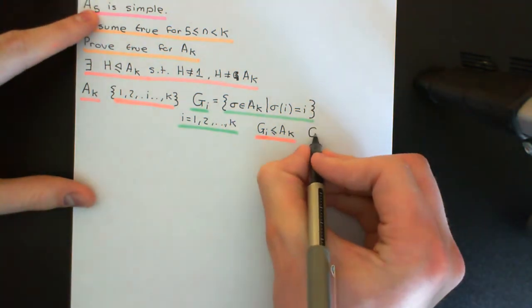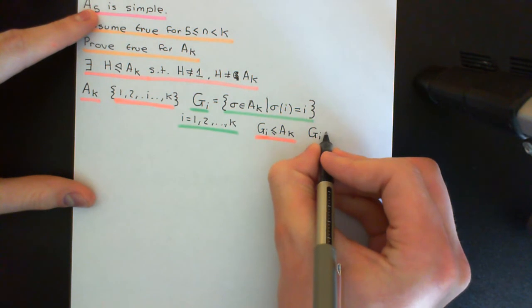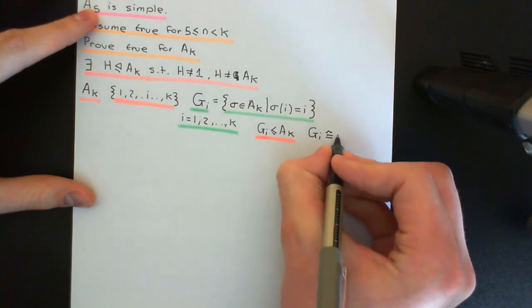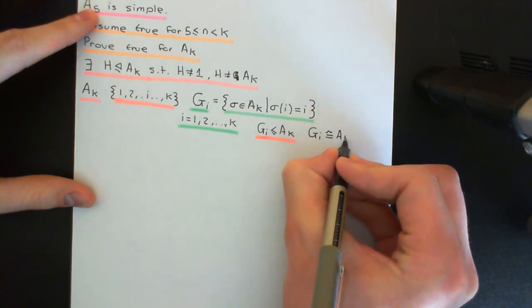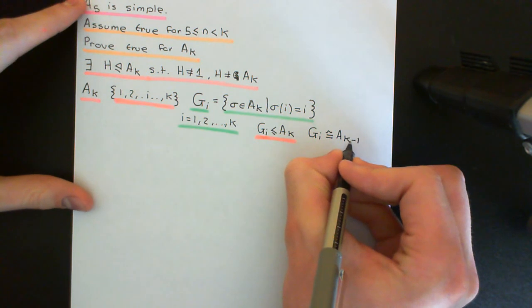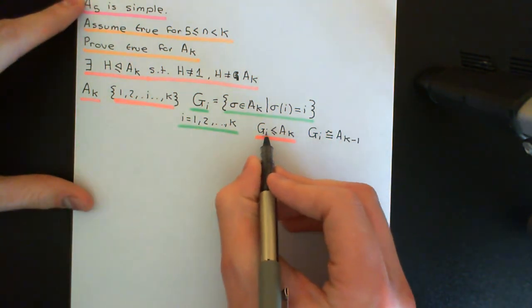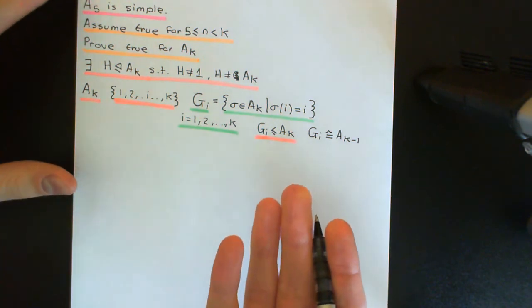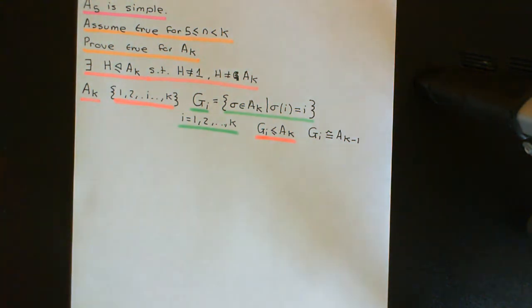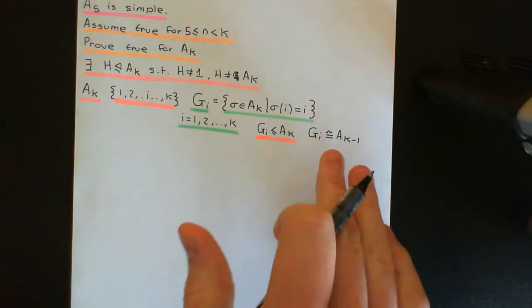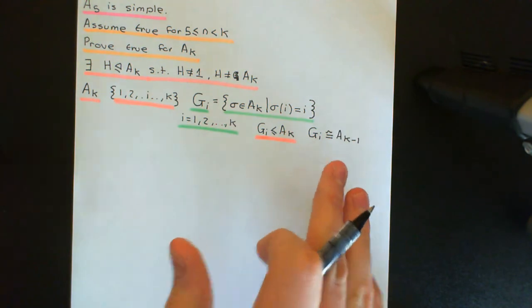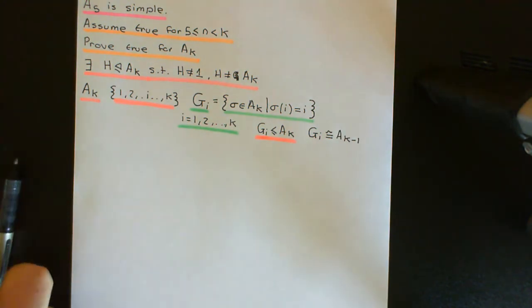So what I'm trying to say here is that G_I will actually be isomorphic to the alternating group on the set of k-1 elements, because really I plays absolutely no interesting role in these permutations. Yes, you can add it on there, but you can also just take it away, and you'll keep this permutation with exactly the same algebraic structure. Okay, so I hope that is intuitively obvious to you.